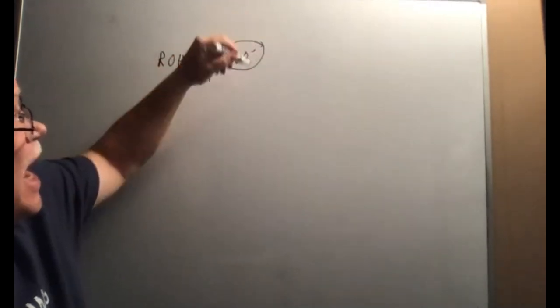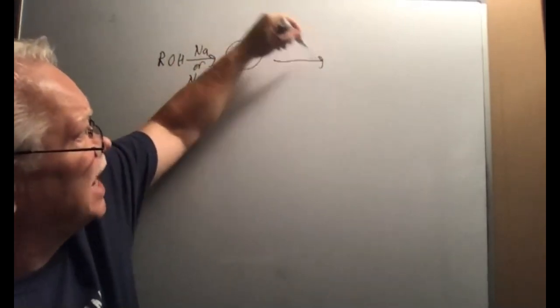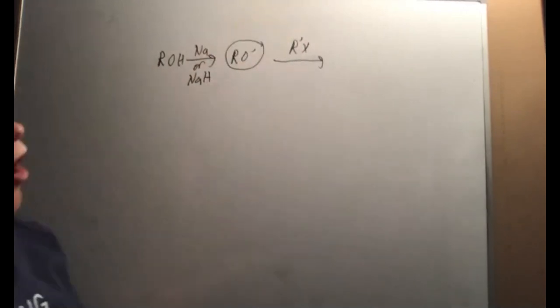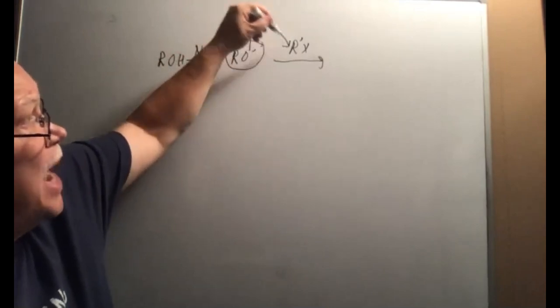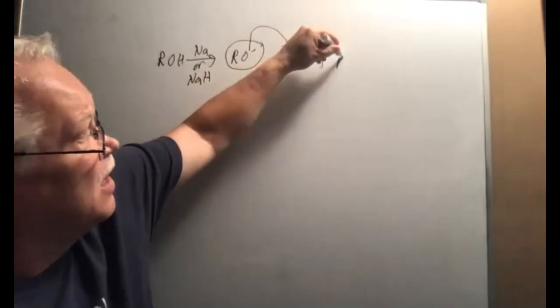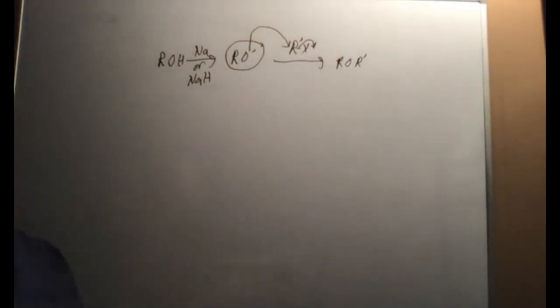This then could act as a nucleophile. So we took this and reacted it with an alkyl halide. These two R groups don't have to be the same. This comes in, backside attacks, breaking this bond, kicking the halide out, and we get an ether. We talked about this reaction last semester.